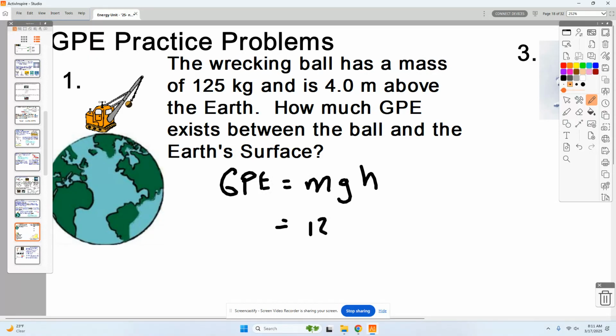Take that 125 kilograms. You know what? I'm going to use g as 10 so that it's easier for us to do these calculations.